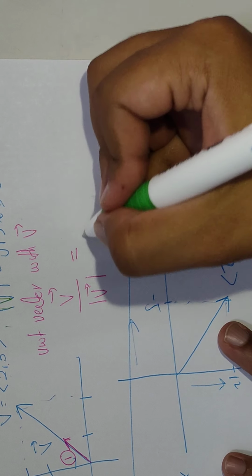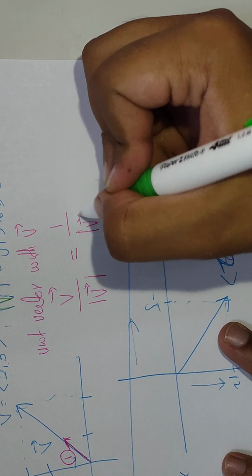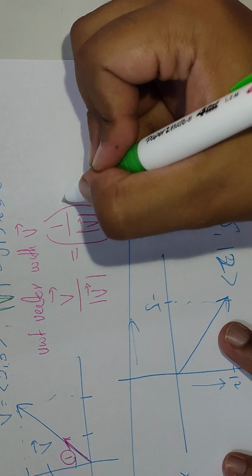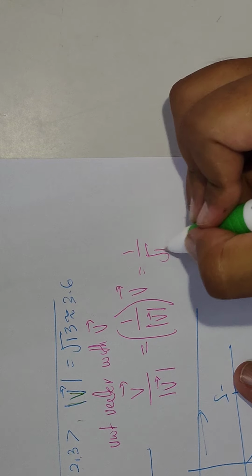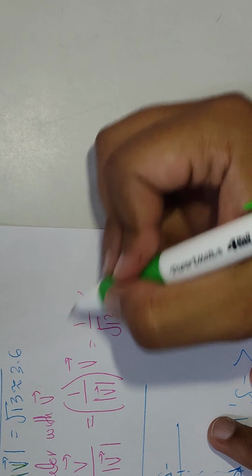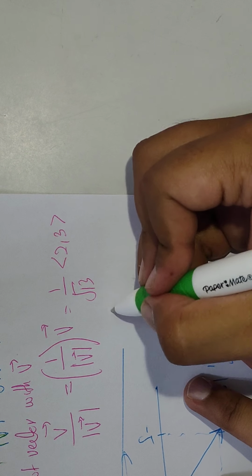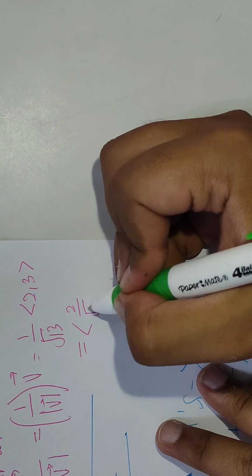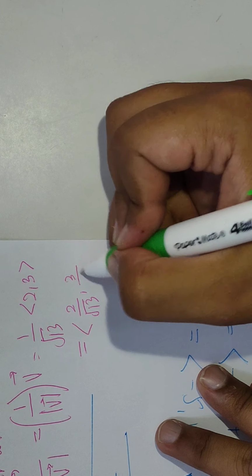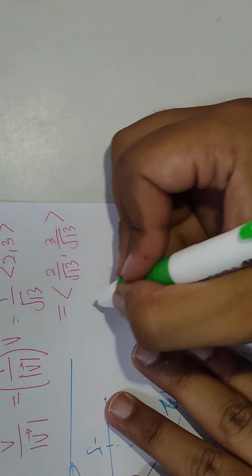It is the square root of V dot V, which is the square root of 13. So we have 1 over the square root of 13 multiplied by the vector V. Vector V is (2, 3). So we have 2 over the square root of 13 and 3 over the square root of 13, right?